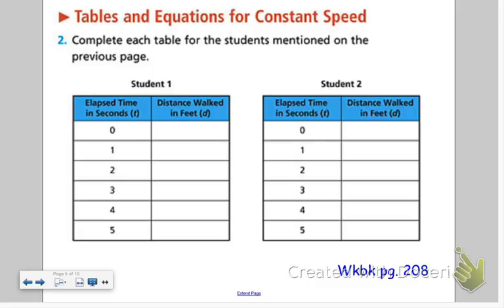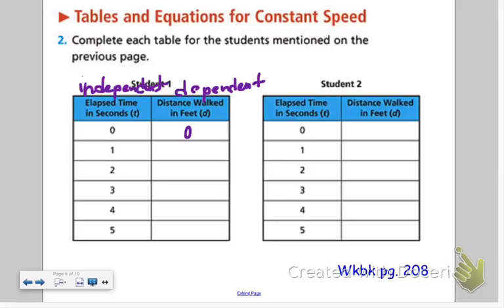So let's go and write, this is on page 208, let's fill in these tables for those two students, student 1 and student 2. If you remember, student 1 was traveling at a rate of 3 feet per second. So that means when I complete this table, if the independent variable, seconds, is 0, then the dependent variable, the feet, would be 0, right?